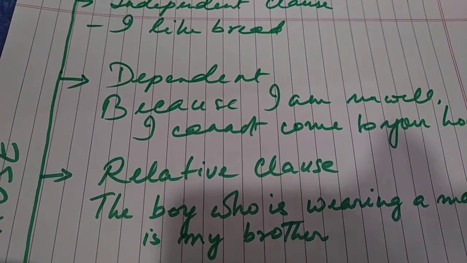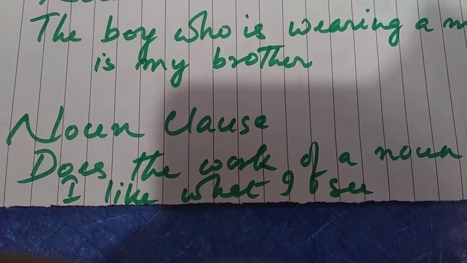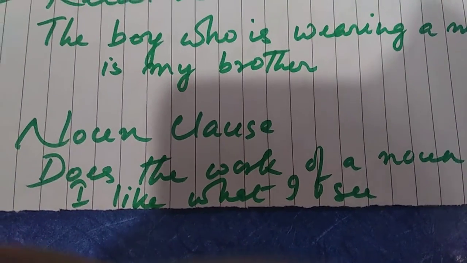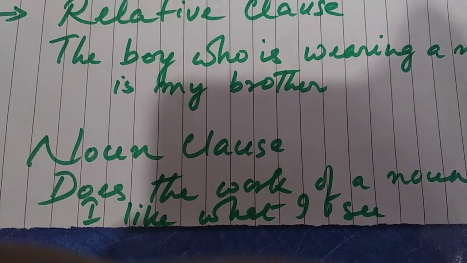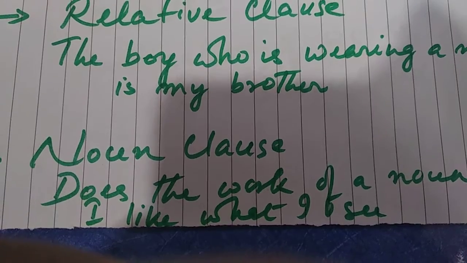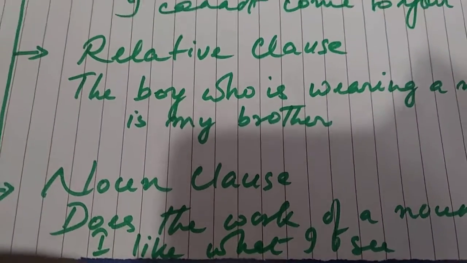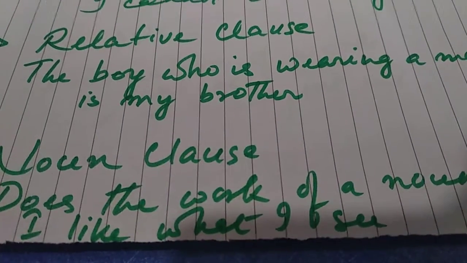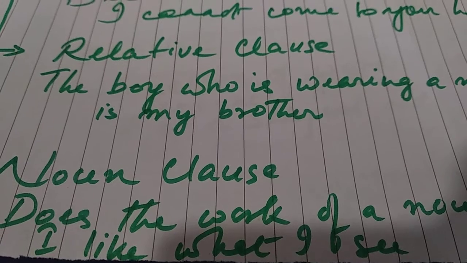Next we have relative clause and noun clause. Now noun clause, children, is a part of a sentence that does the work of a noun. Look at the example given. I like what I see.